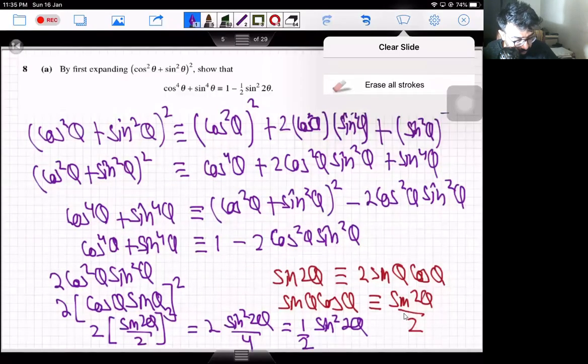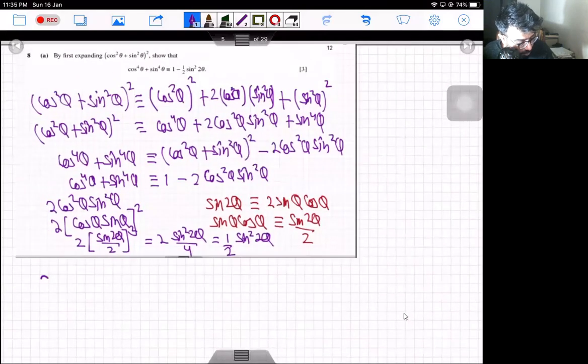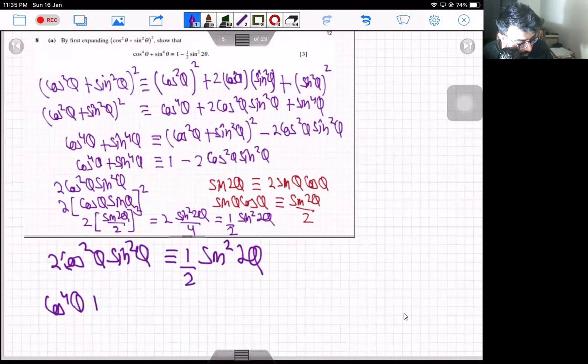So far we have achieved this thing. As we can see, in place of 2 times cos²θ times sin²θ, we can exactly write half multiplied by sin²2θ. Therefore, cos⁴θ + sin⁴θ is exactly equal to 1 minus, and in place of 2cos²θ sin²θ, we can write half sin²2θ.